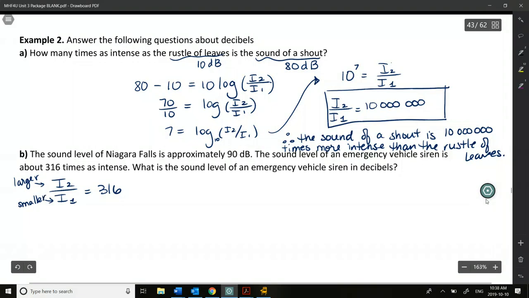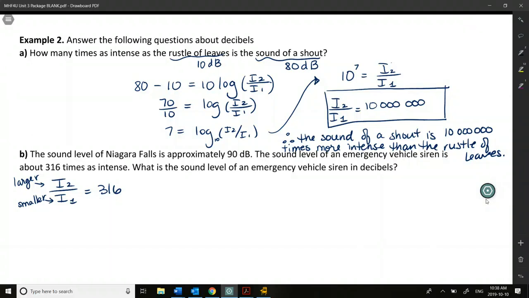If I do a small number divided by a larger number, like 7 divided by 100, I get a decimal. If I do something larger, like 20 divided by 4, I get a value greater than 1. So if I've gotten a value greater than 1, then I must have done a larger intensity divided by a smaller intensity.